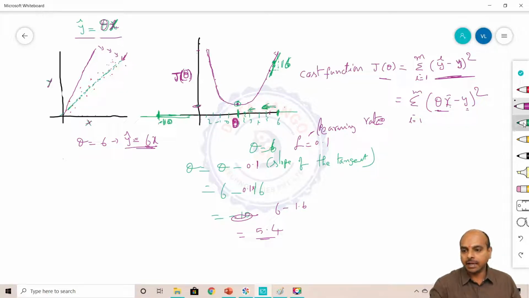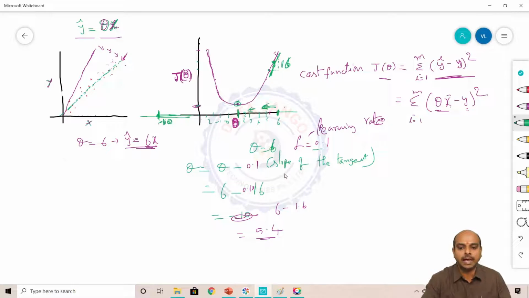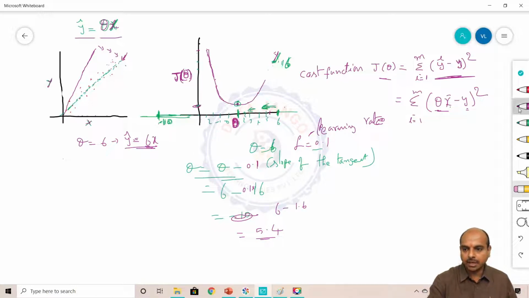In another way, the error reduced from this place to this place. When you chose alpha equal to 0.1 and calculated the next theta using this formula, you moved here. Let us think that the slope at this new theta, let me draw this again, is maybe 10.